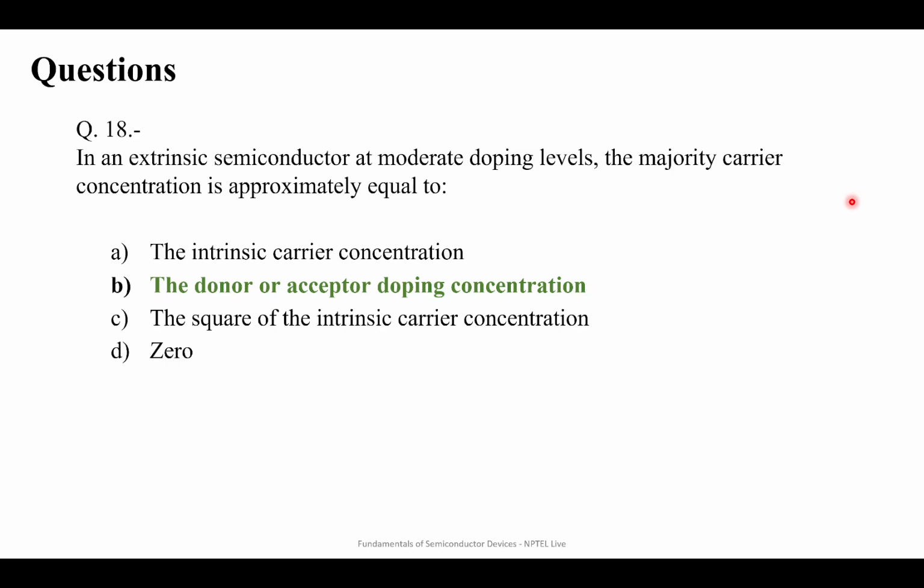The answer would be B, donor or acceptor doping concentration. In the extrinsic region, we consider that all the dopants are ionized, so the carrier concentration is equal to the donor or acceptor doping concentration.